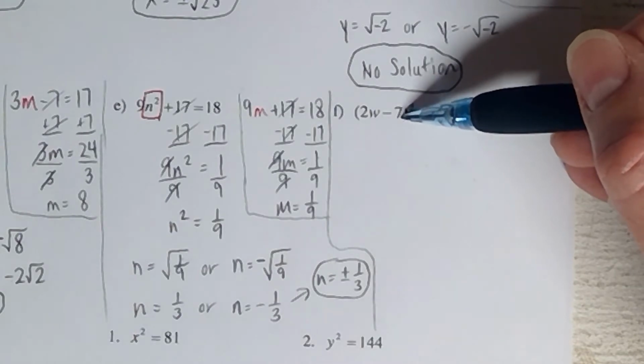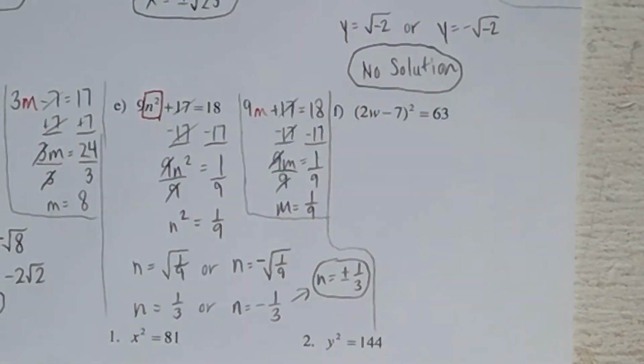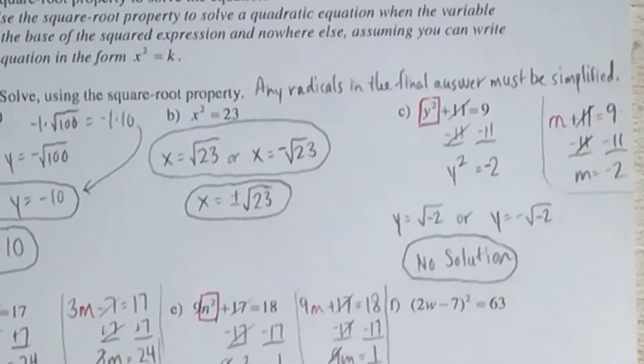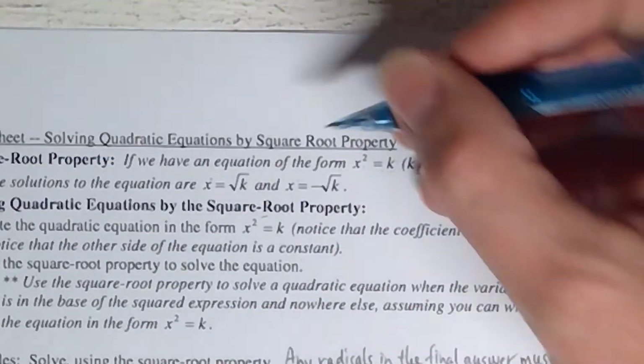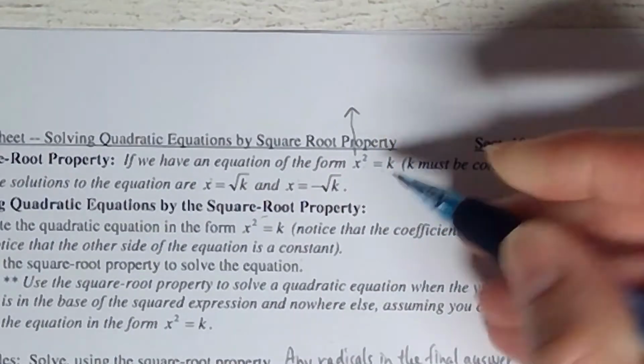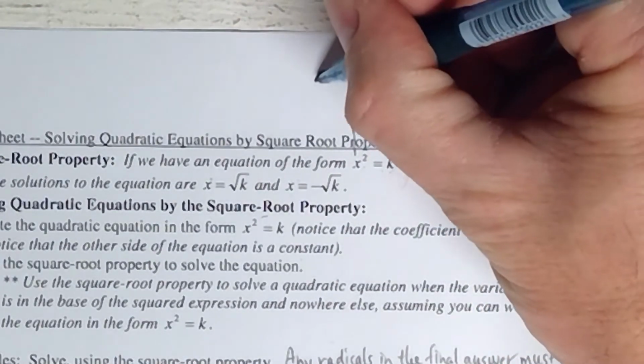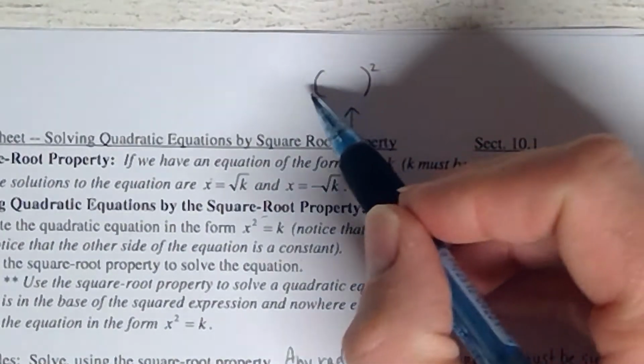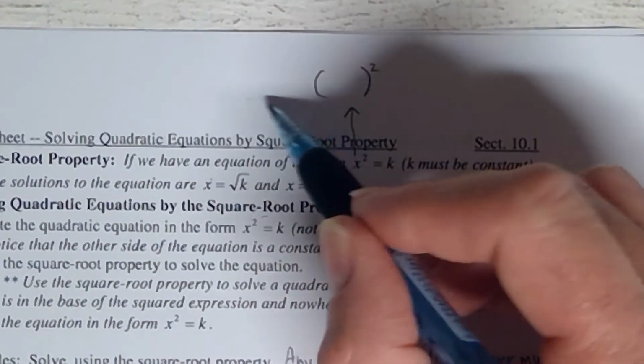Not just the 7, not just the -7, but the entire bracket. What I want to make clear to you is that when you have a bracket being squared, you can also use this property as long as the bracket squared is by itself. You can't have any terms over here on the left of the bracket.